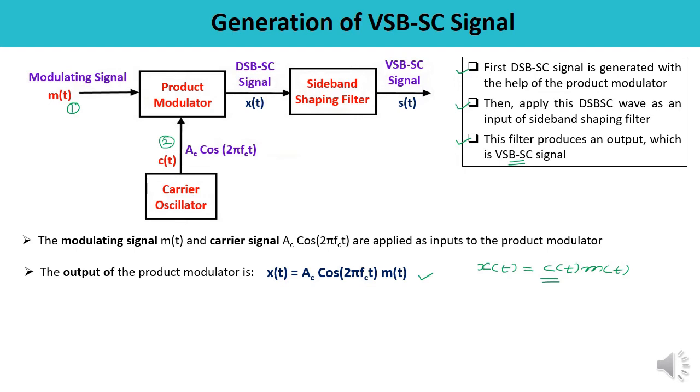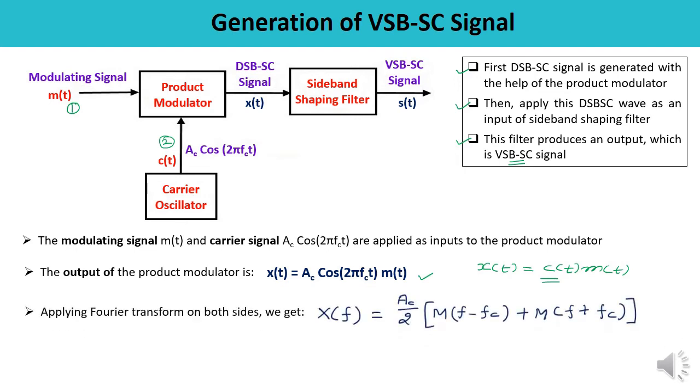Now we have to take the Fourier transform on both sides. When we take the Fourier transform, the time domain is converted into the frequency domain, so X(f) is Ac upon 2 times M(f minus fc) plus M(f plus fc). You can see this particular equation represented by X(f).